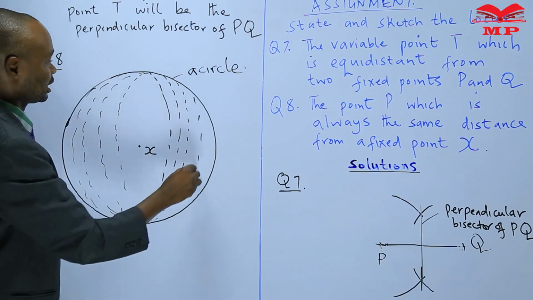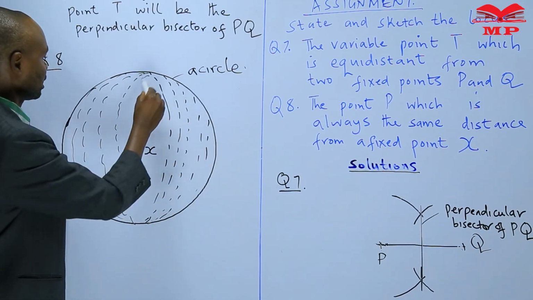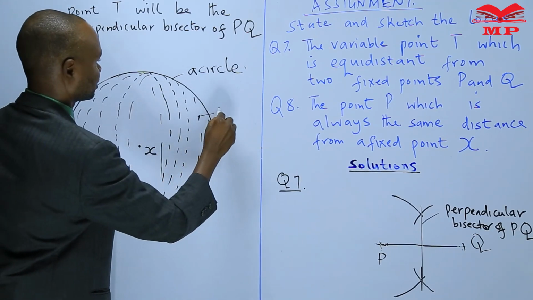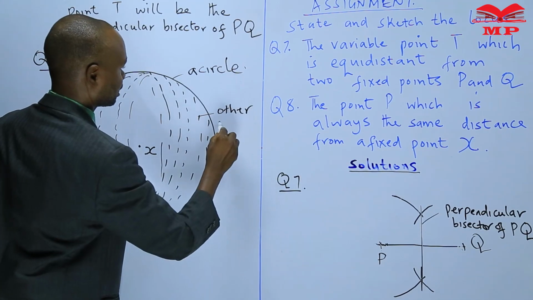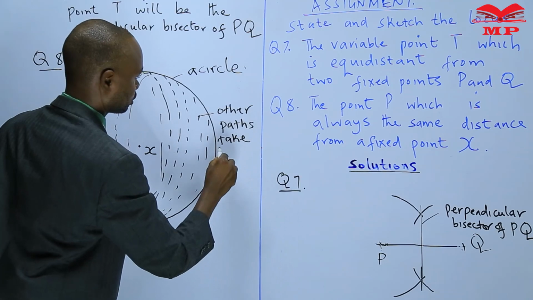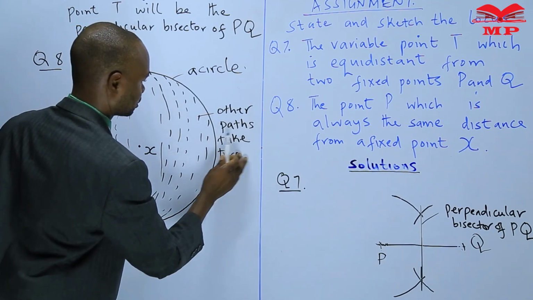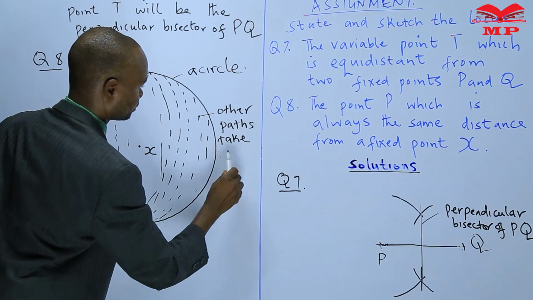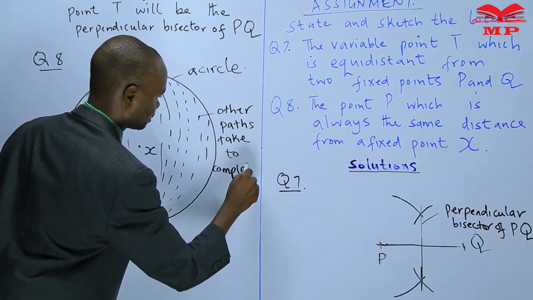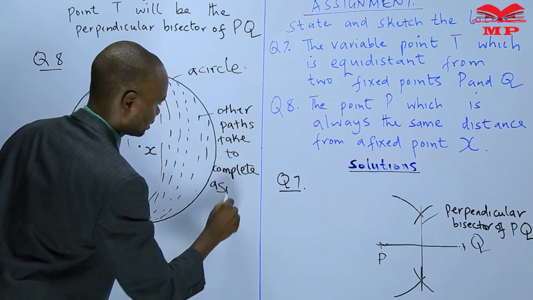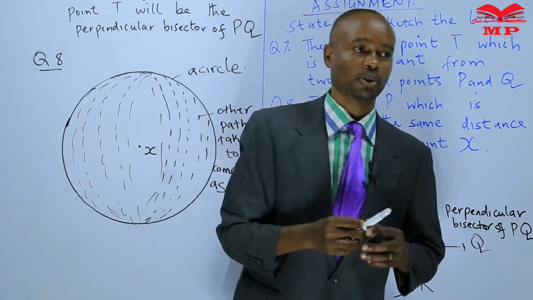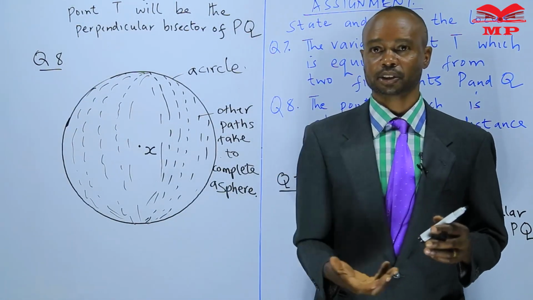So I can write here, other paths taken to complete a sphere. Don't wonder what a sphere is. A sphere is like a ball, round in shape, like an orange.